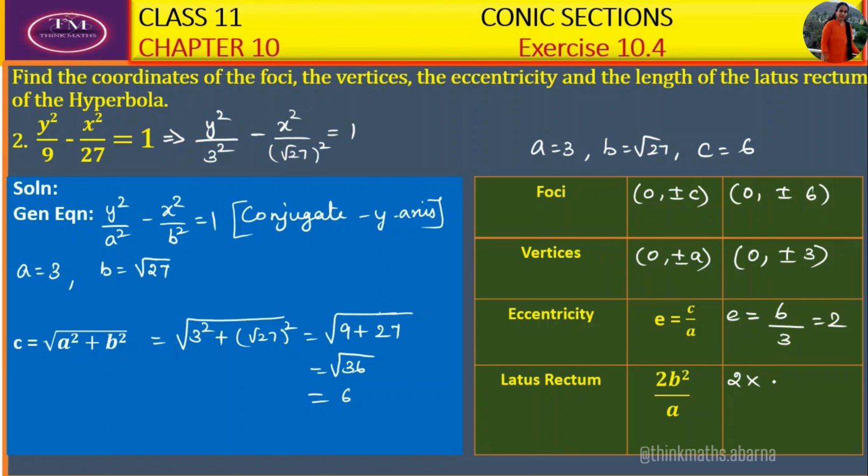What is b square? b square is root 27 whole square, which is 27, divided by a. What is a? It is 3. So it is 2 into 27 by 3, which is 9. So 2 into 9 is 18. So latus rectum is 18 for this problem. Clear? Very simple, isn't it?